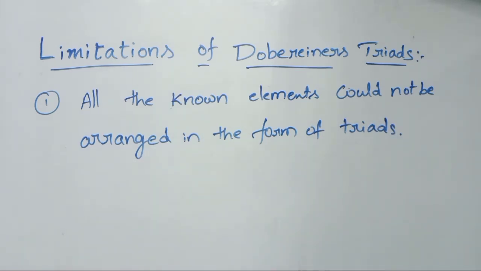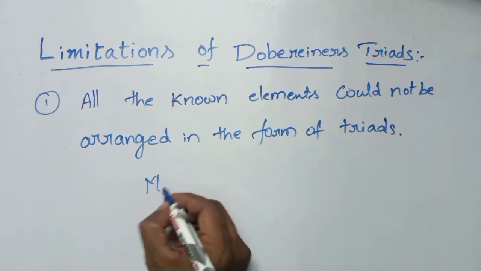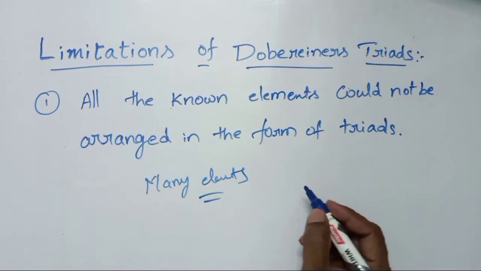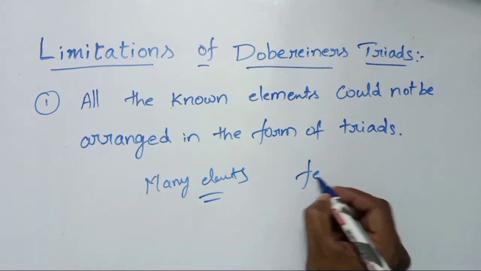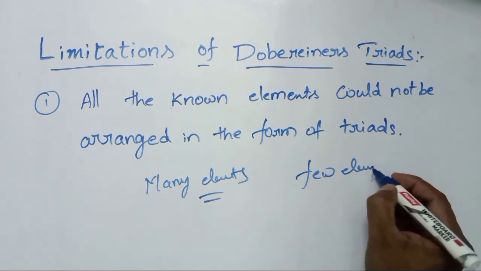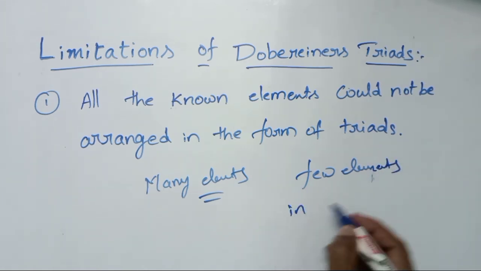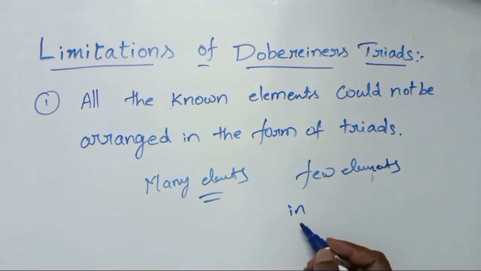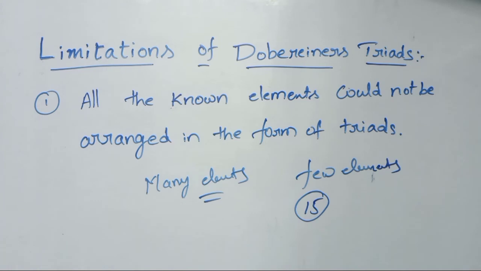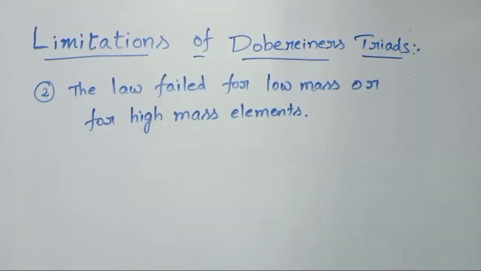That means there are so many elements, but he was able to keep only very few elements in his classification. Only 15 elements he was able to arrange into triads. This is the major defect of Dobereiner's classification.